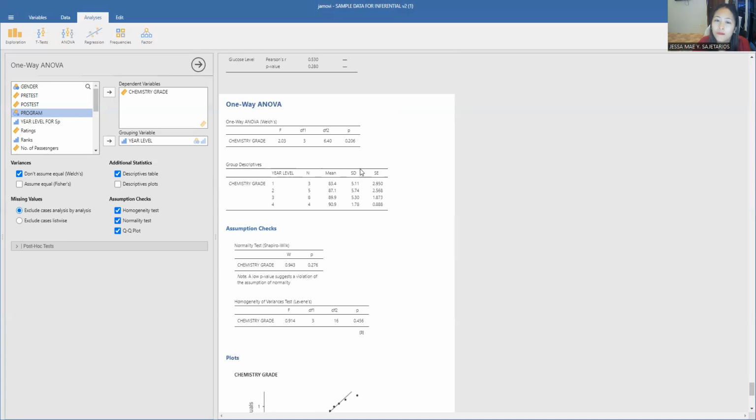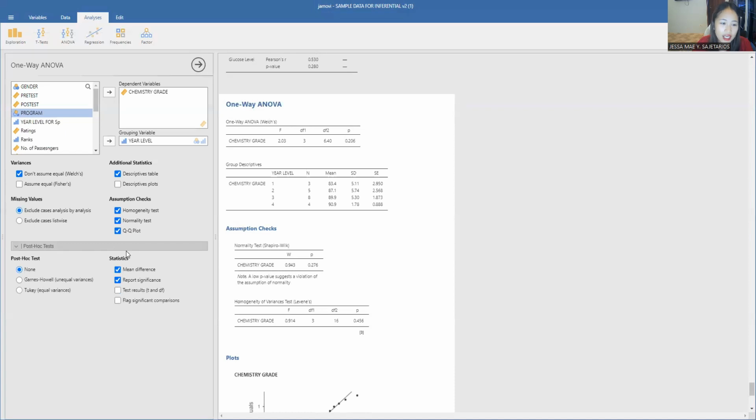So that means that it's greater than our alpha 0.05. So walang significant difference yung grade ng mga year level. So since hindi naman siya significant, hindi tayo magpo-proceed doon sa post-hoc test.